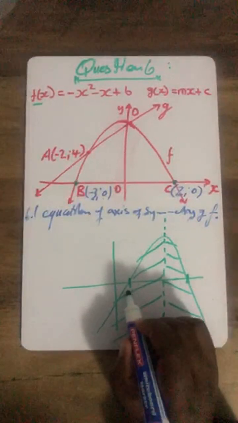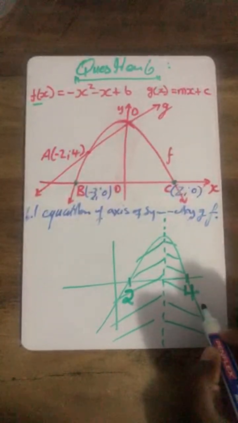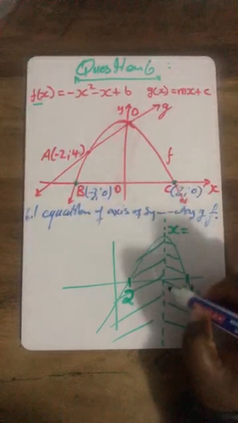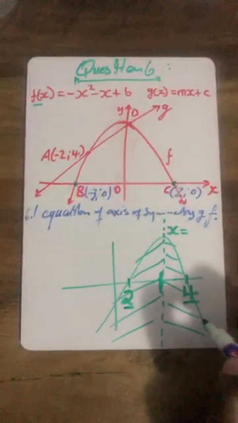So if here you have 2 and there you have 4, your axis of symmetry will be at x equals halfway between that and that.